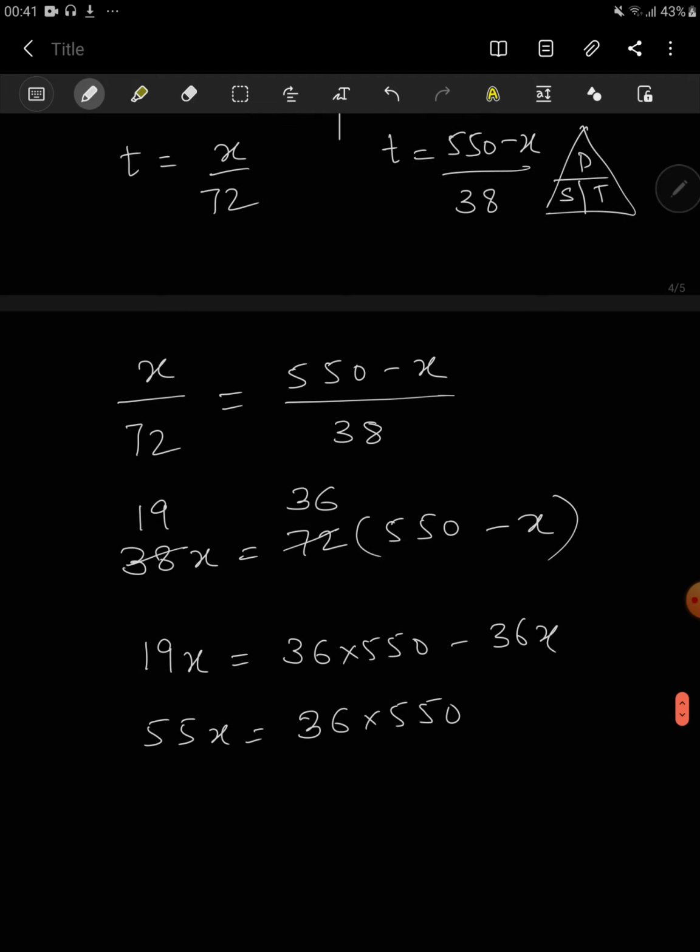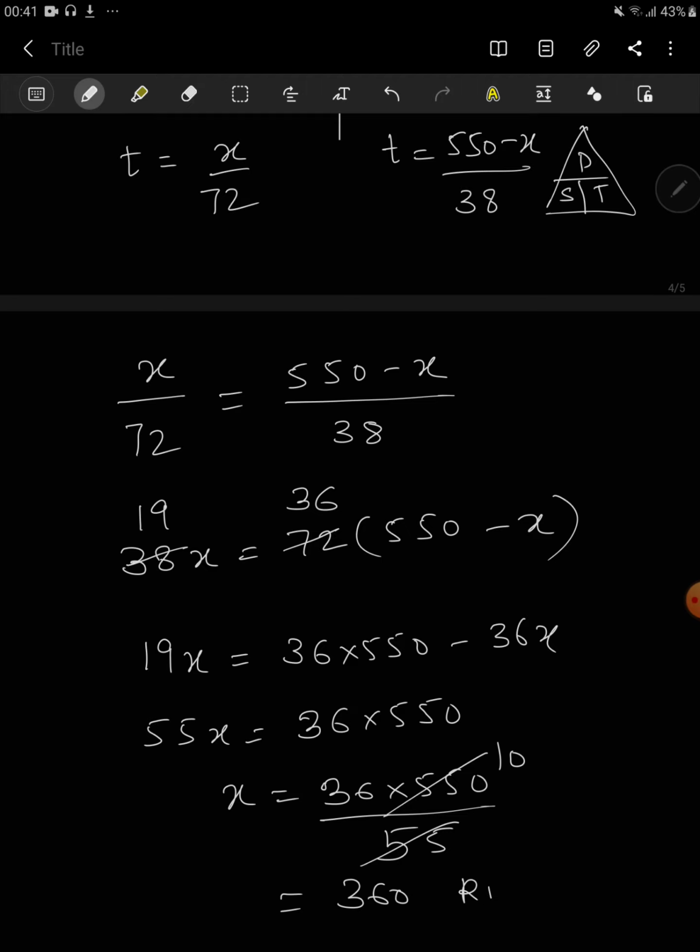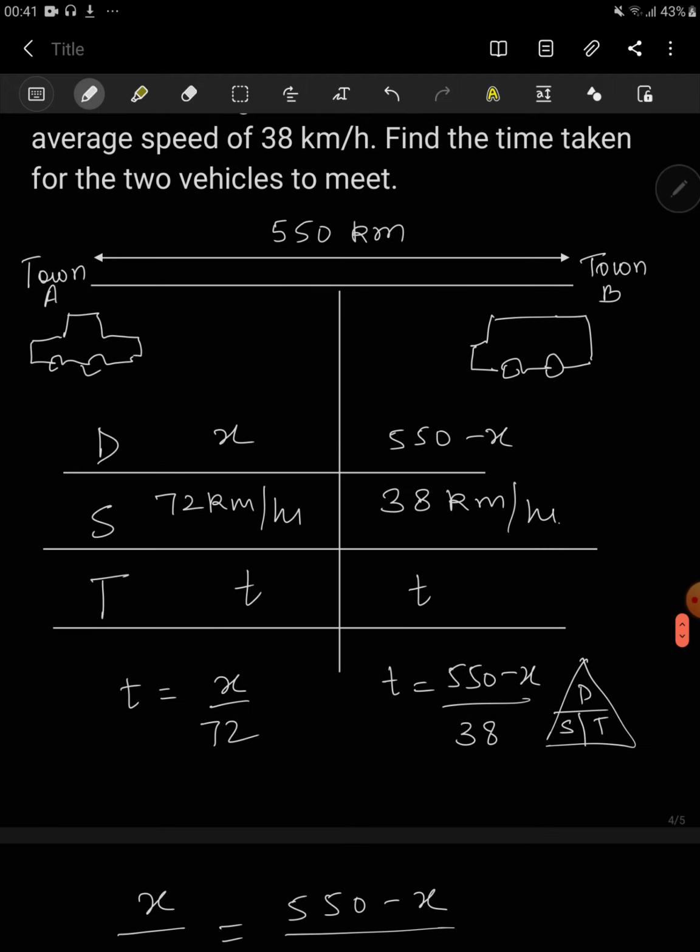Now if I bring 55 down, it will be cancelled by 10 and the answer is 360 kilometers. That means the car has traveled 360 kilometers and the truck has traveled 550 minus 360.